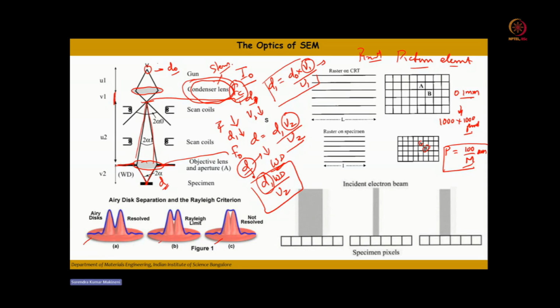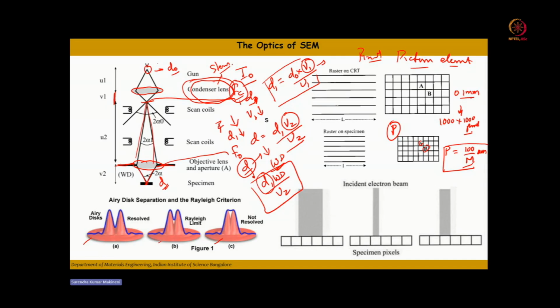To resolve A and B, the most important thing is that A and B should be at two different pixels. So the working resolution of any microscope is no better than the pixel size, which is P.